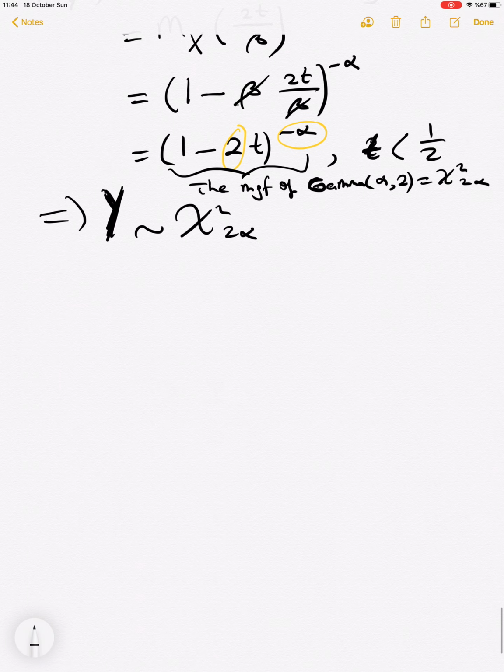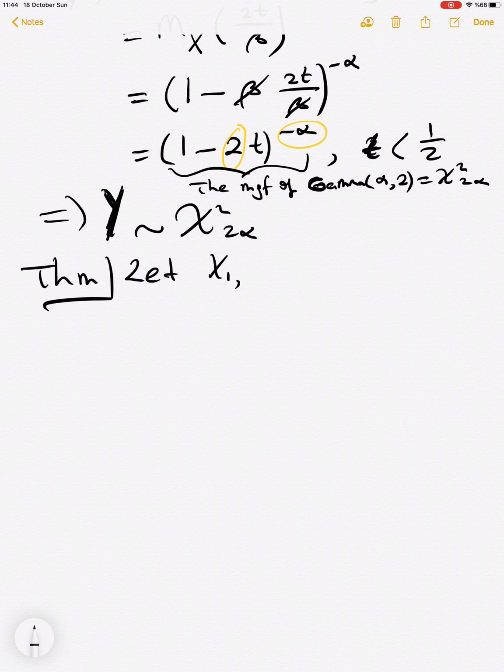Another theorem related to the chi-square distribution is the sum of chi-squares. We have a sample of size n. Let's say they are all independent. We don't have the random sample assumption here. They are chi-square distributed random variables.